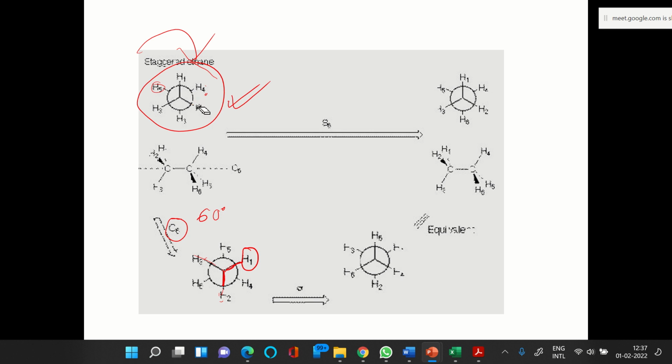In the same way, you have to move the others carefully. Now H3, H4, H5 will also have to be rotated like that. So H3 will be moved by a 60 degree rotation.